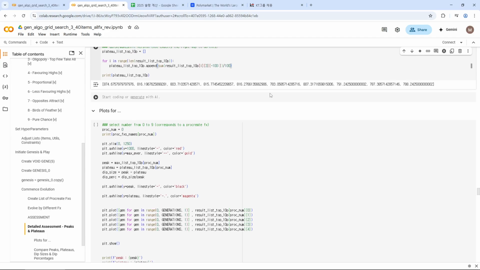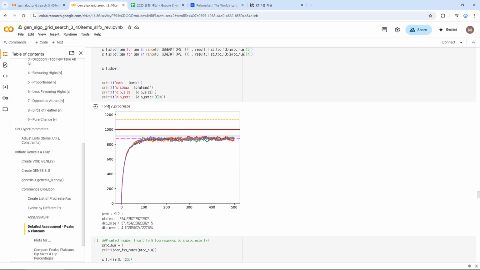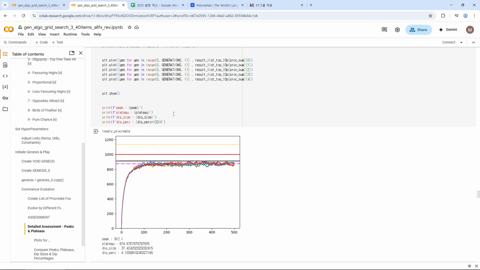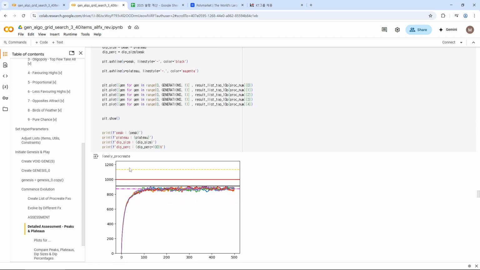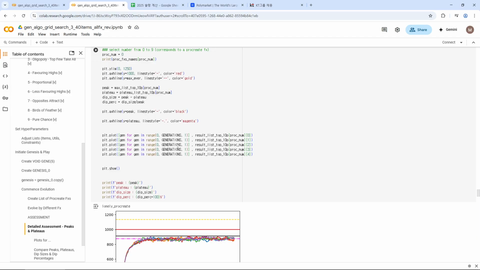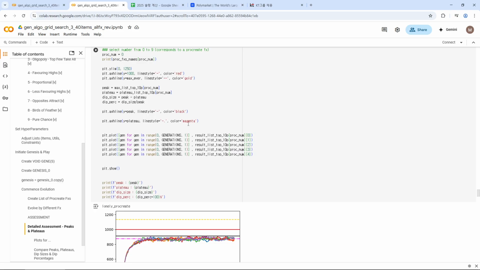And so here are the plots for each procreate function. For example, this one is for the lonely procreate, the red line being at 1000 for no reason, I just wanted to highlight that, and the gold line, the maximum ever, which is 1135. The peak is in black.